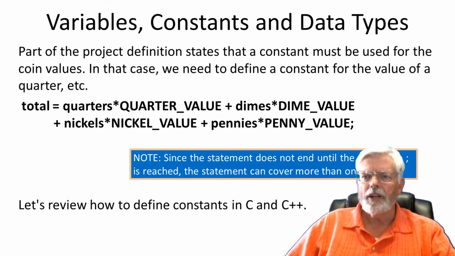In that case, we need to define a constant for the value of quarters, etc. Total equal quarters times quarter underscore value plus dimes times dime underscore value, etc. Note, since the statement does not end until the semicolon is reached, the statement can cover more than one line.